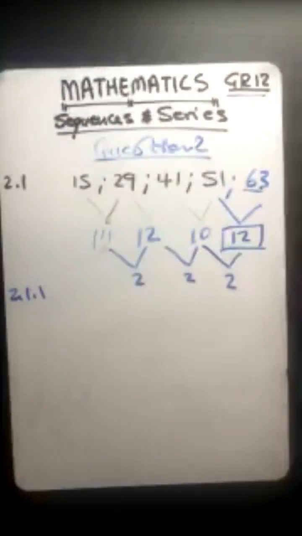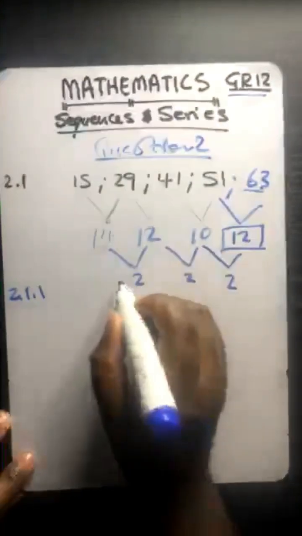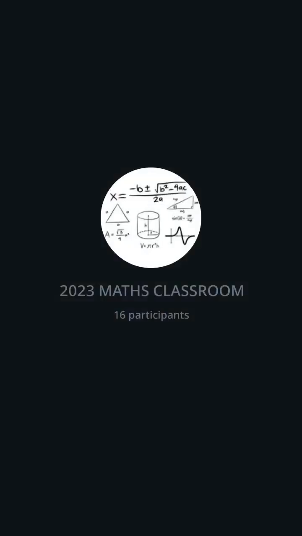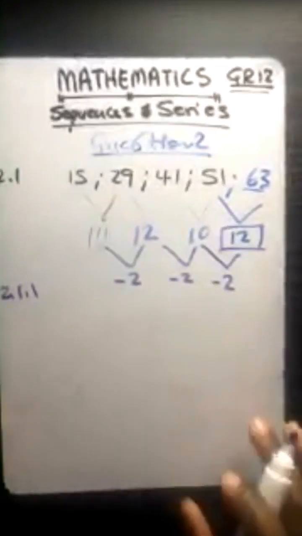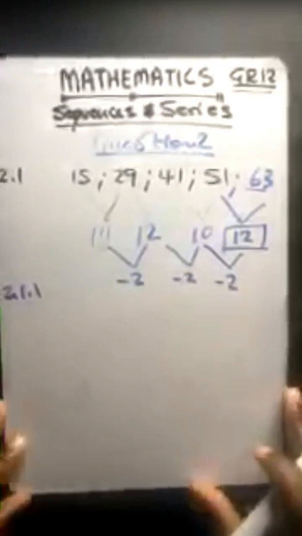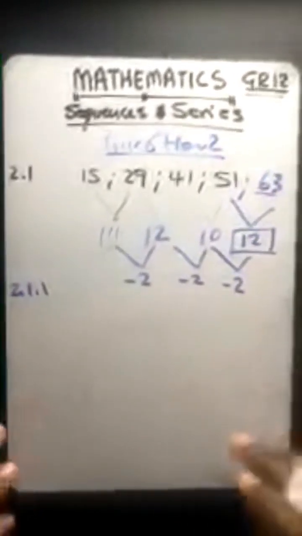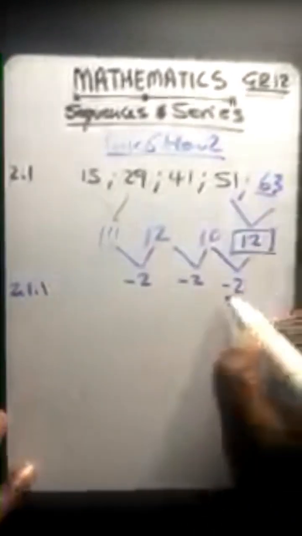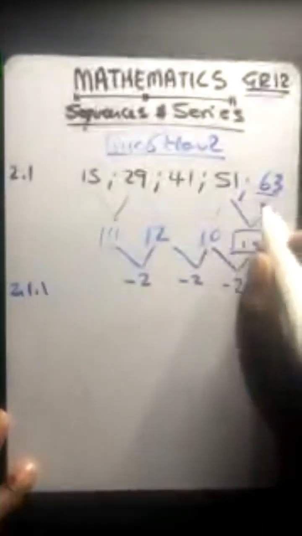Which is a very good indication that if you try to make yourself clever, you will end up getting a hammer. In this instance you just see 14 and 12 and you think of 2. You just see 12 and 10, you think of 2. But it's actually negative 2.